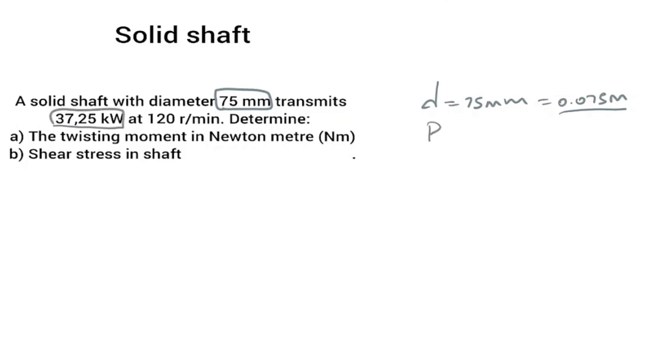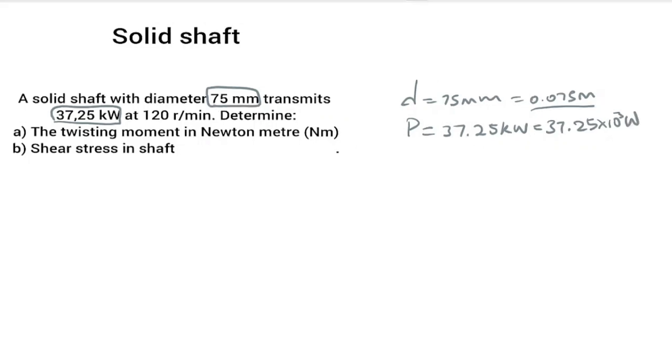Power is 37.25 kilowatts, which is 37.25 times 10 to the exponent 3 watts.